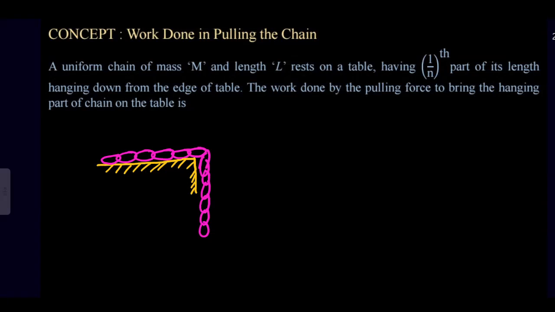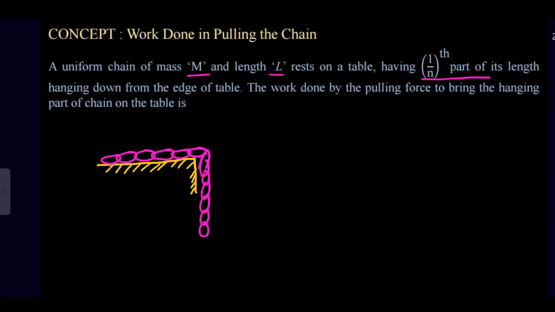The total mass of the chain is m, and the length of the chain is capital L. They have given that 1 by nth of the chain is hanging. Then they ask us to find the work done by the pulling force to bring the hanging part of the chain onto the table.